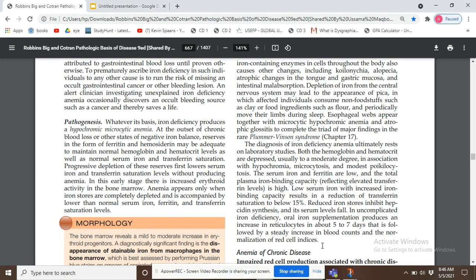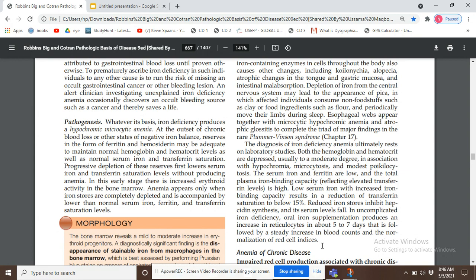Now, how can we manage patients of iron deficiency anemia? If the patient is an infant, we can recommend that the mother reduce the cow milk intake. Don't give cow milk to the infant.